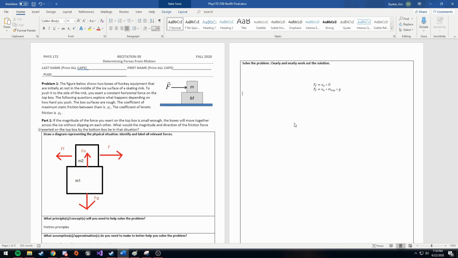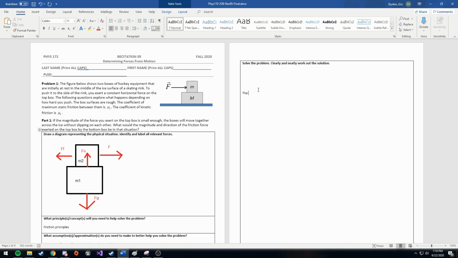Okay, so that changes. We don't even need to worry about all that junk. I think we can literally just write one line. F equals MA, friction.